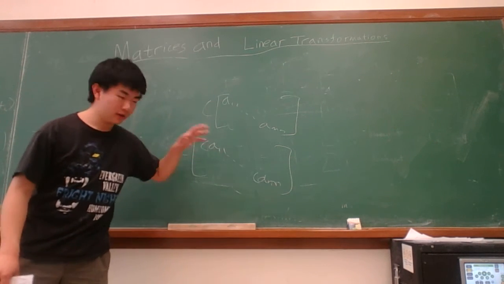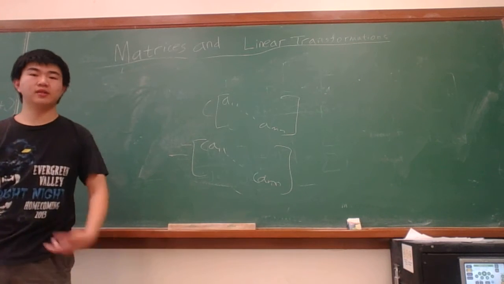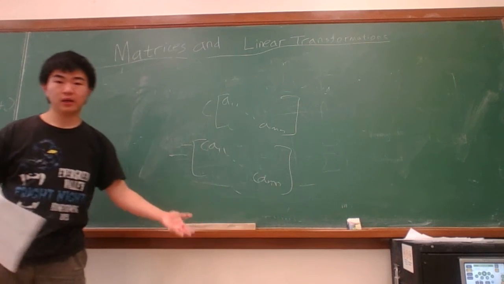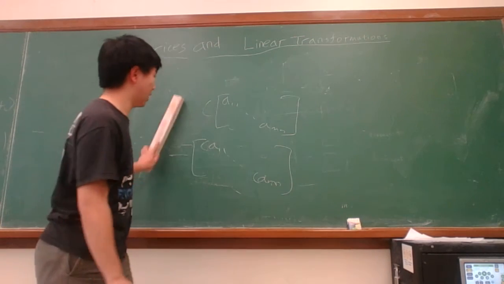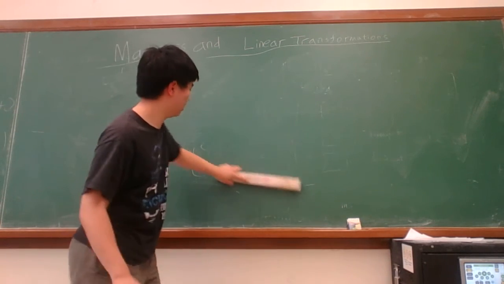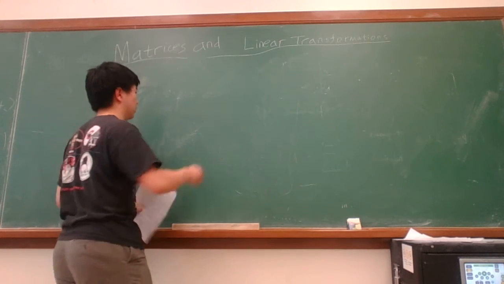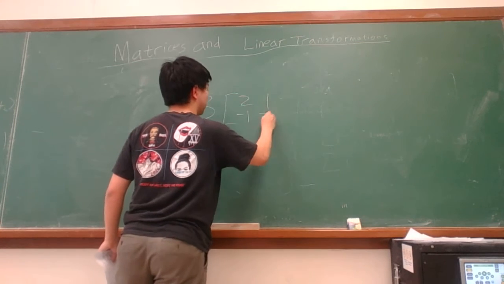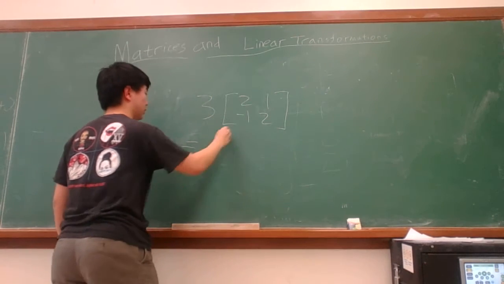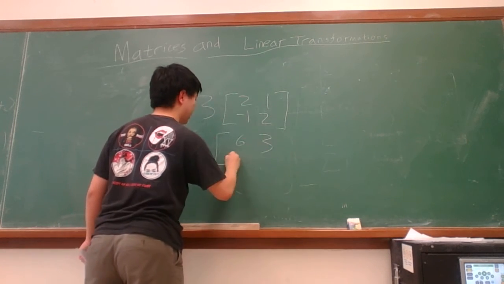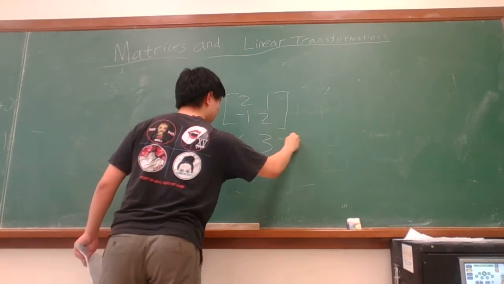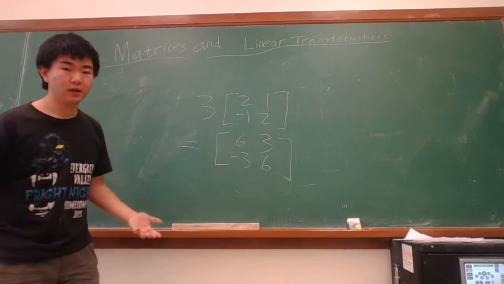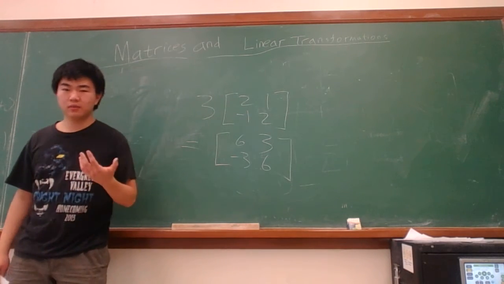You just go through every single element in the matrix and multiply it by this scalar. So let's show another example, quickly. 3 times [2, 1; -1, 2] is going to give you [6, 3; -3, 6], because I'm just multiplying every entry by 3. So that's just matrices.